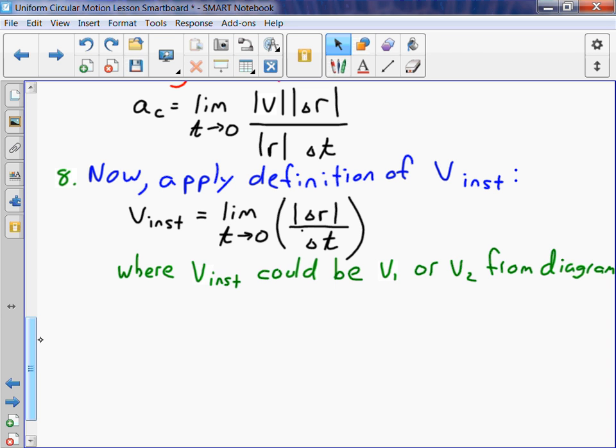So I can say that this is the limit as t approaches 0 of v over r times the limit as t approaches 0 of delta r over delta t. So the limit as t approaches 0 of delta r over delta t is just v, our instantaneous velocity, which we've been calling v at this point. So what we're left with, we're going to sub out delta r over delta t from step 7 and replace it with v. Things are starting to get simpler here.